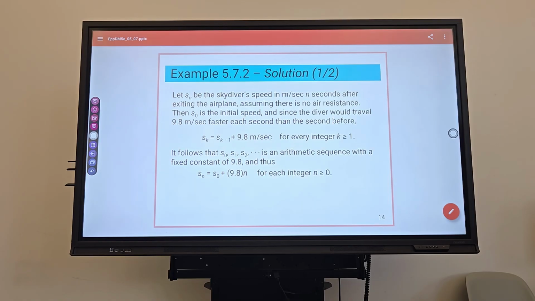Then S sub 0 is the initial speed, and since the skydiver would travel 9.8 meters per second faster each second than the second before, it follows that the sequence would be an arithmetic sequence with fixed constant of 9.8, and thus S sub n equals S sub 0 plus 9.8 n.